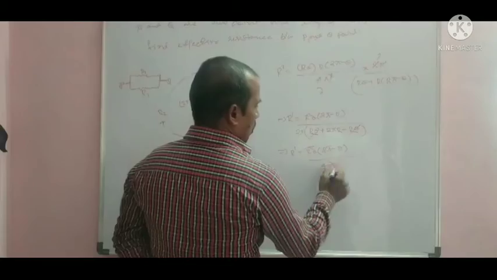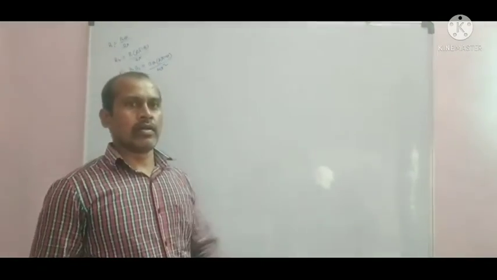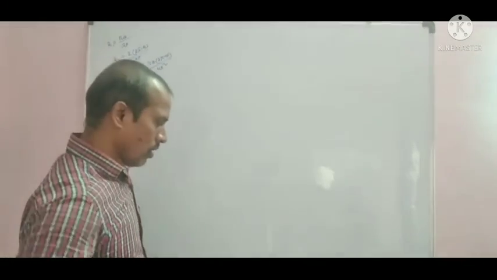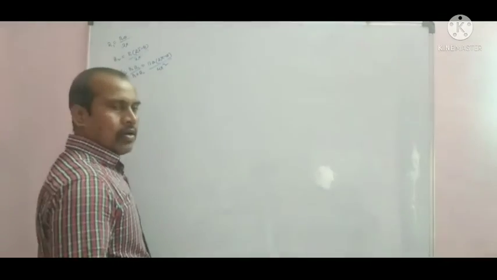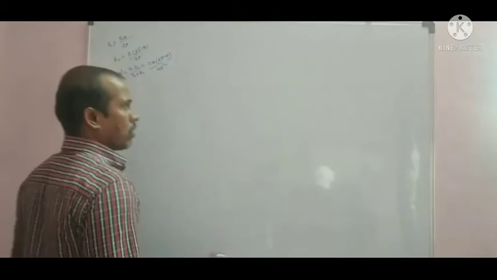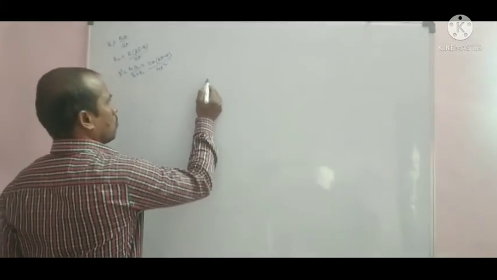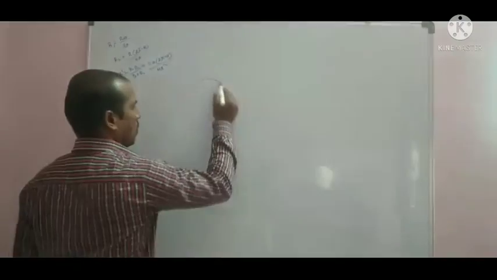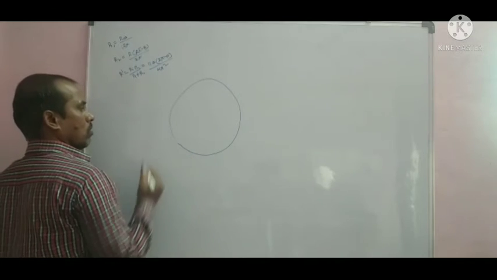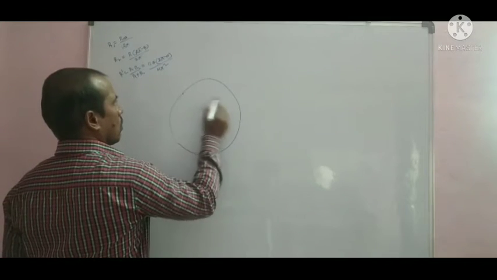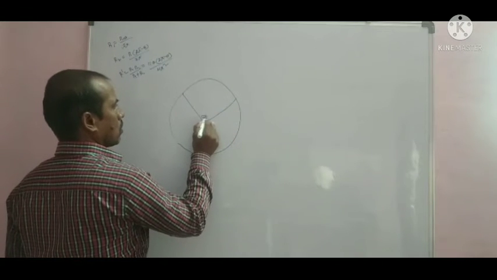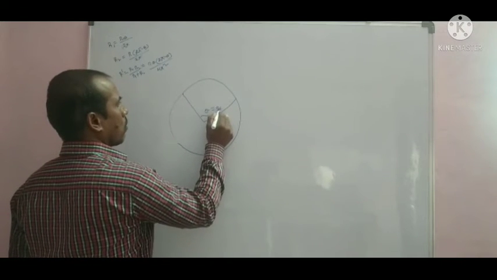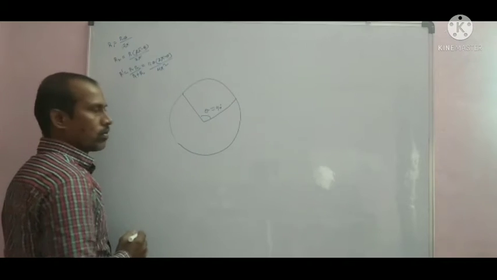Here, r square. Example problem on ring. For example, the ring has 40 ohm resistance. This is the ring. The portion of the ring is theta, for example, theta is equal to 90 degrees.